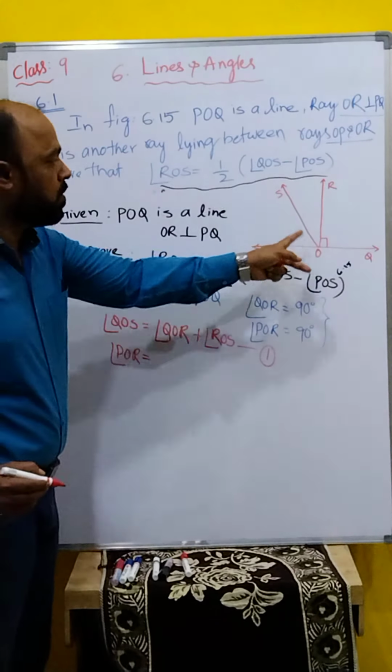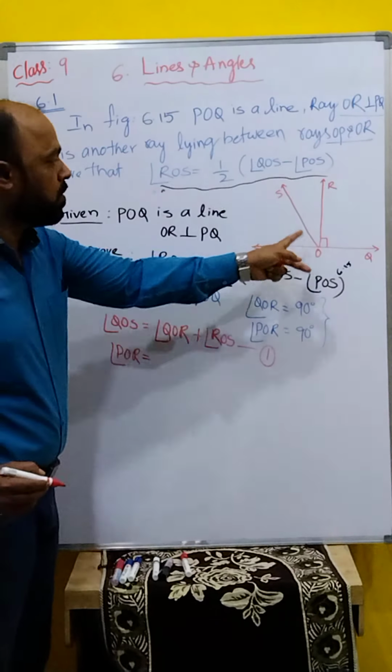The POR value we know is 90 degrees and the QOR value is also 90 degrees. Applying that, angle QOS has no change. POR is 90 degrees and QOR is also the same. 90 plus angle POS plus angle ROS plus angle ROS, that is 2 angle ROS.